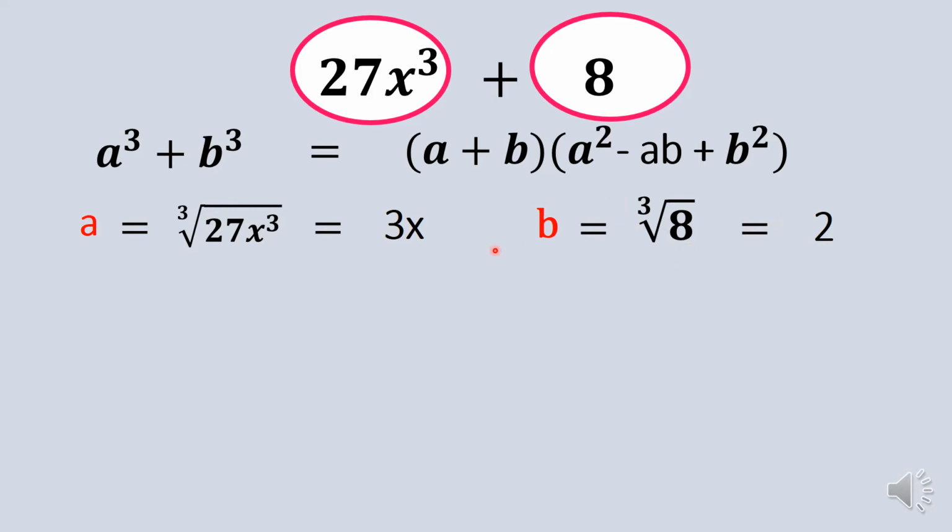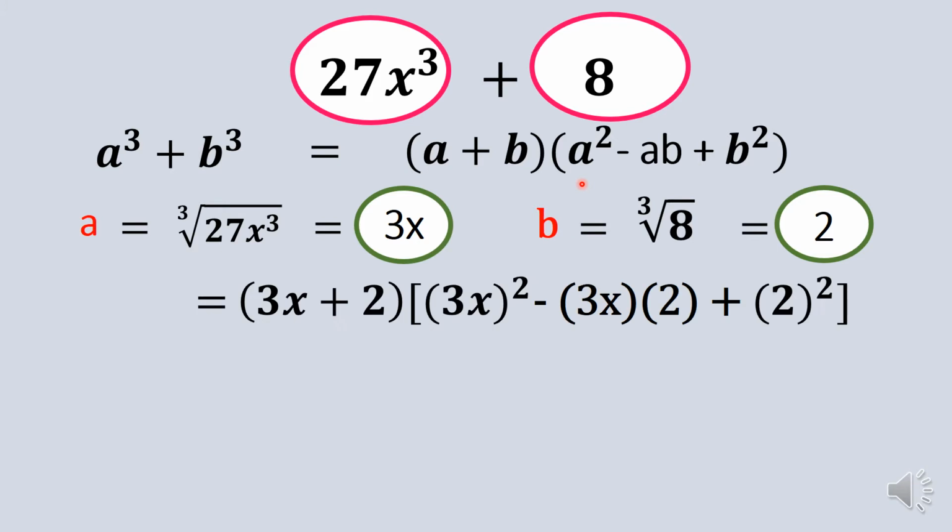So now our a is 3x and our b is positive 2. These are what we will substitute into our factored form.